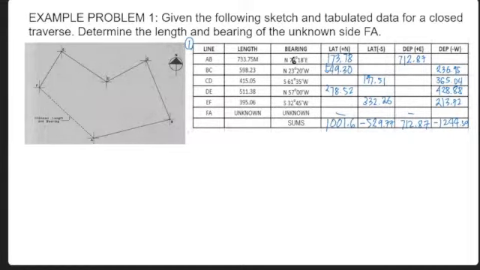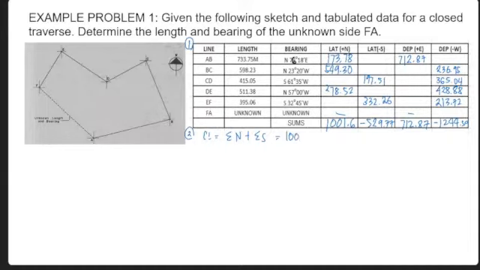As I said earlier, we can determine our latitude CL by getting the algebraic sum of our north and south latitude. Algebraic sum includes the sign.